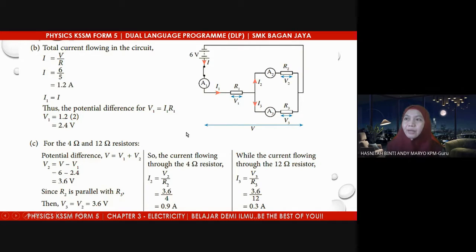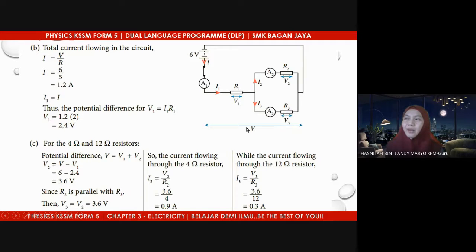And R1 you have 2.4, which means for these two, the voltage is 3.6. And since they are parallel, V2 is 3.6, V3 also 3.6 volt. Okay, so are you clear how to find potential difference for R2 and R3, which are in parallel?